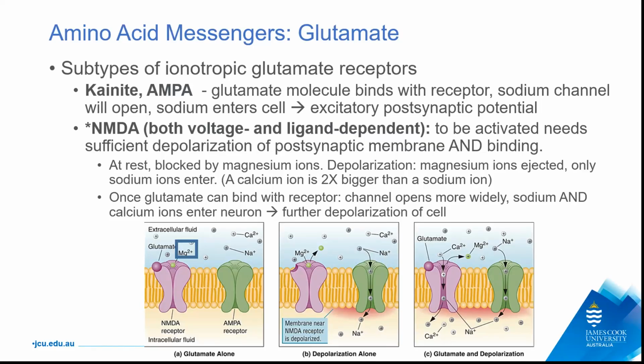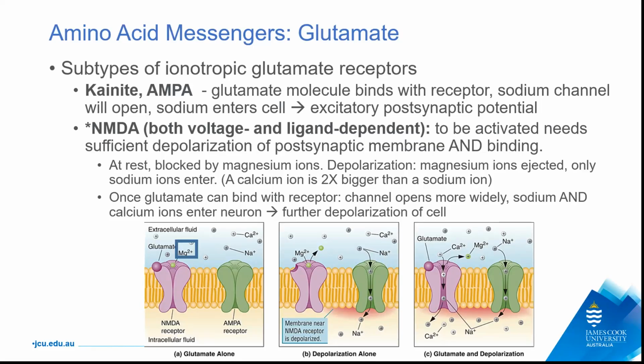If you look at the mass number, it literally is 2 times. And once glutamate binds with the receptor, the channel will open more widely. Sodium and calcium ions will enter the neuron, and that leads to further depolarization of the cell. That will lead to a stronger action potential, if need be. So take note of this. This is a very unique aspect of the NMDA receptor. Put an asterisk in front of it.